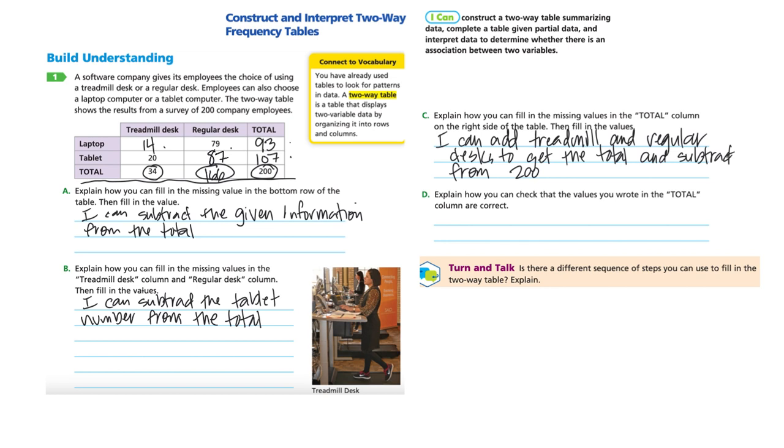And how can you check the values in the total columns are correct? So you would just add the numbers together. Does 79 plus 87 equal 166? Yes. Does 14 plus 20 equal 34? Yes. And we already said 93 plus 107 equals 200. So that's this page. Let's write that down.